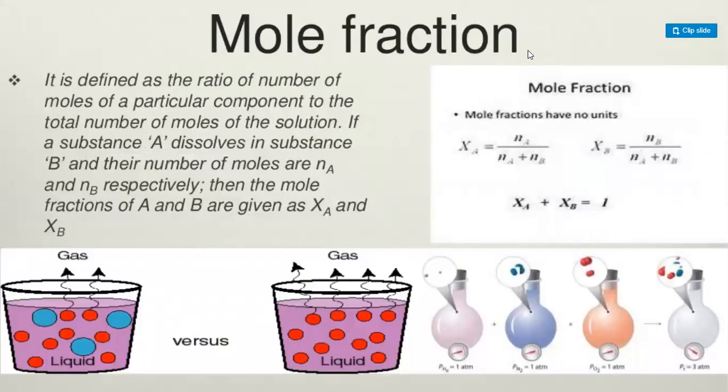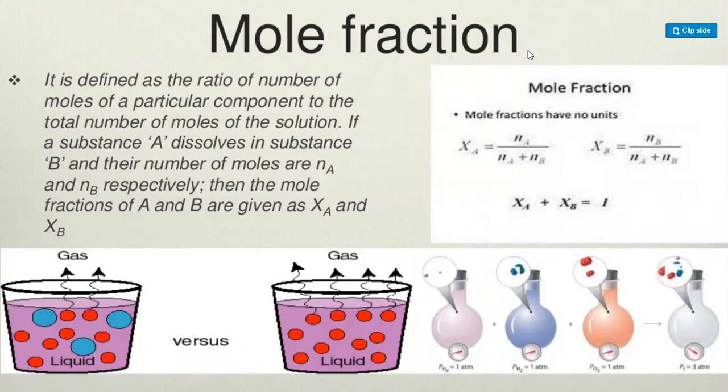Second one is mole fraction. It is defined as the ratio of the number of moles of a particular component to the total number of moles of a solution. If a substance A dissolves in substance B and their numbers of moles are Na and Nb respectively, then the mole fractions of A and B are given as Xa and Xb.